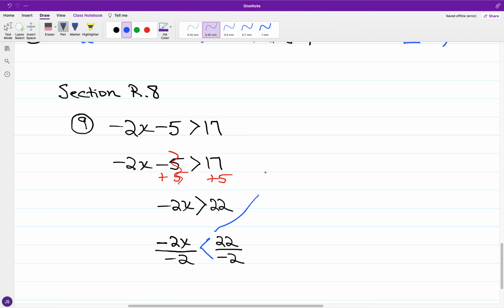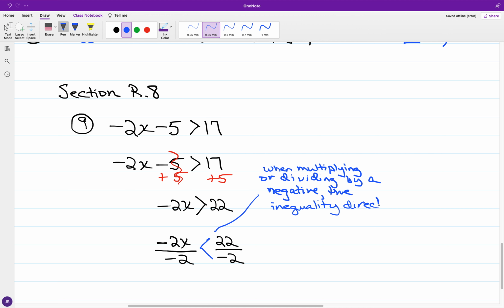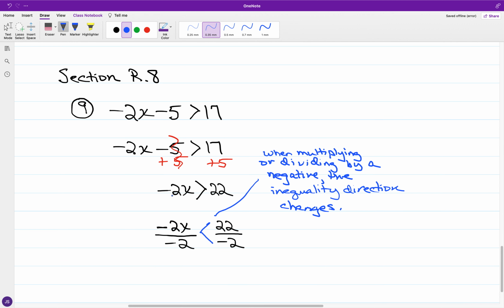So again, whenever you multiply or divide, not adding or subtracting, but just multiplying or dividing by a negative, you have the inequality direction change. So our x expression was greater than, but now having divided by a negative, that x expression is going to be less than.